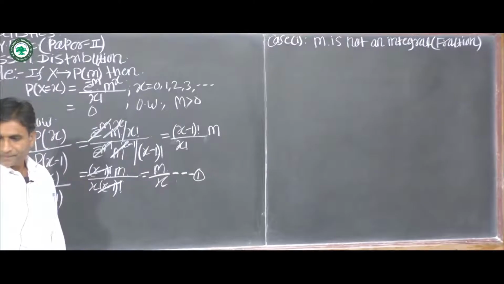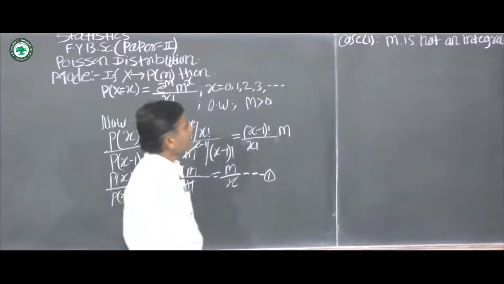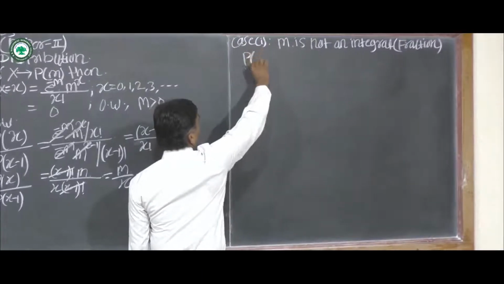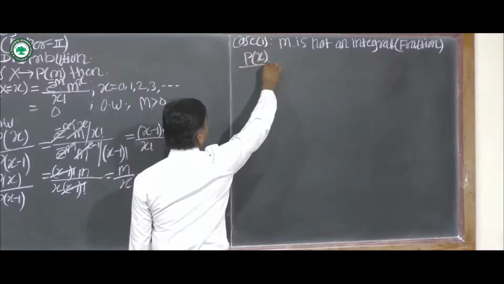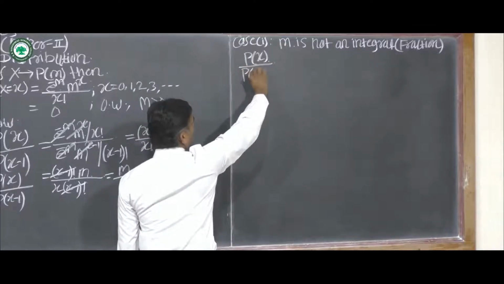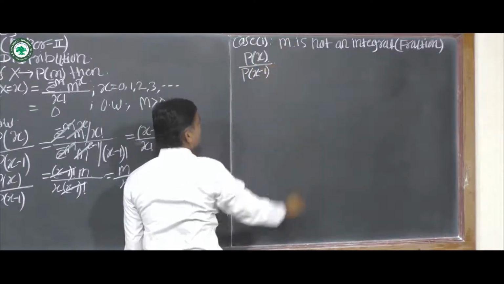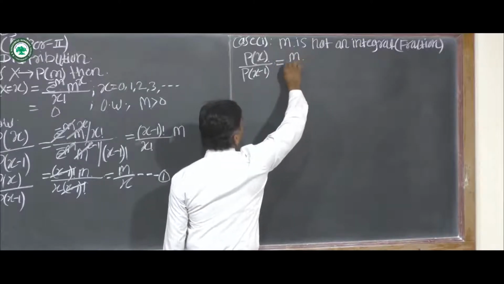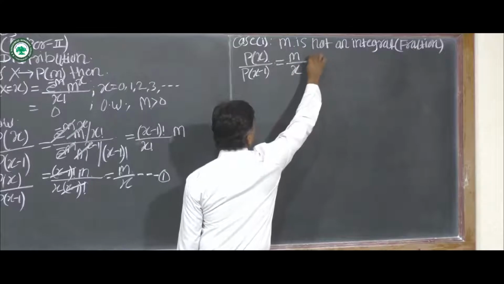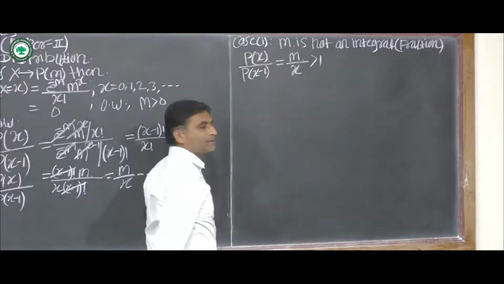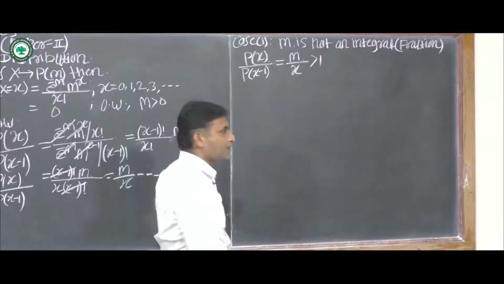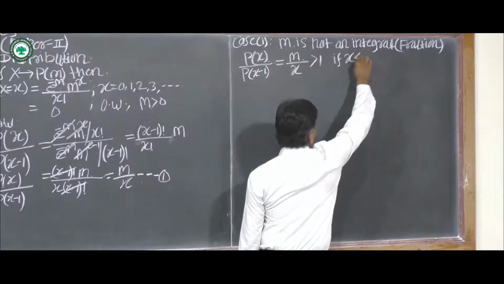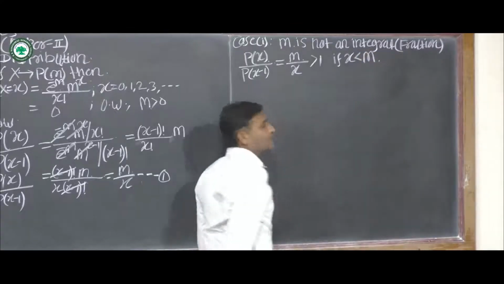Then in case 1, by using equation 1, the ratio p of x upon p of x minus 1, which is equal to m upon x, is greater than 1 if x is less than m.